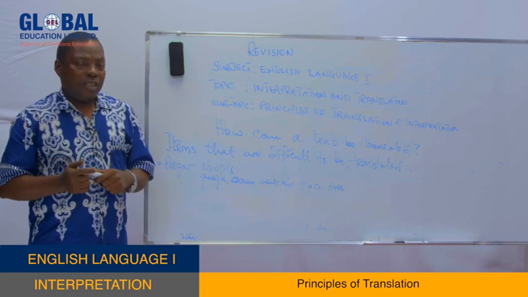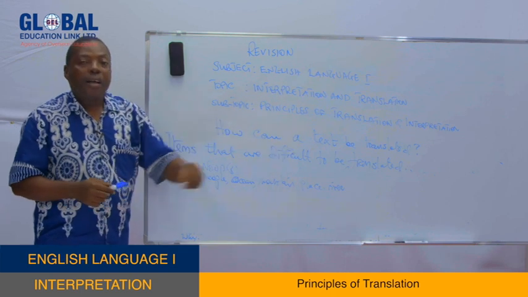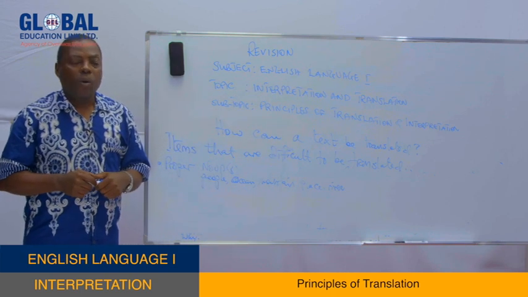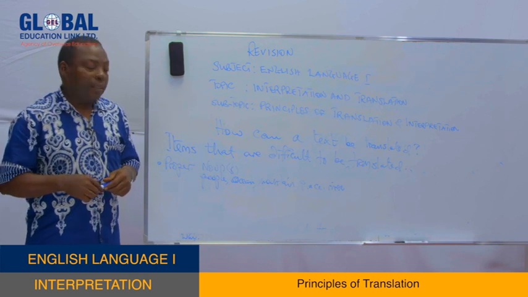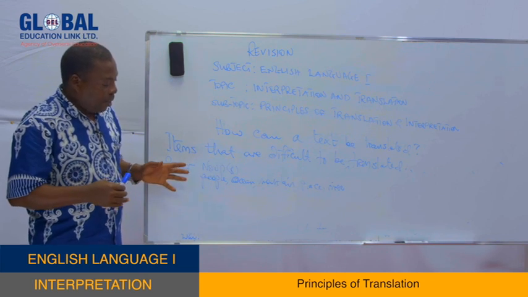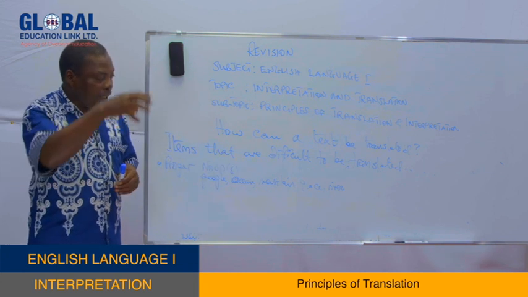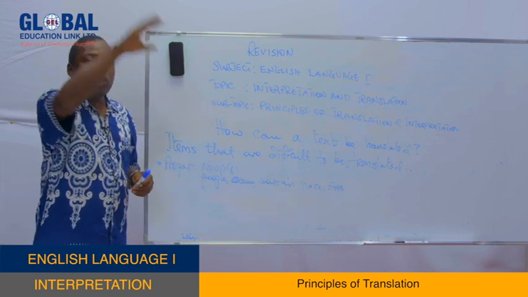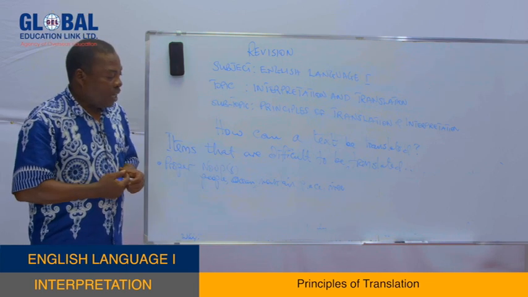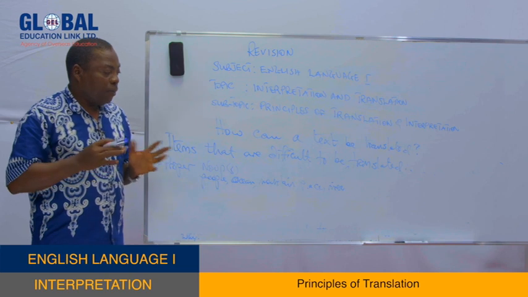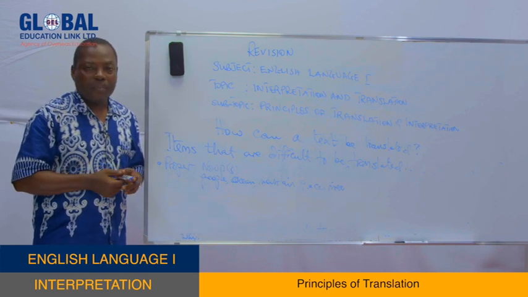So all words which are trying to name these things, we call them proper nouns. And since these proper nouns can be found in some specific areas and not everywhere in this world, that is the reason why we say it will be difficult for some people to translate those words.